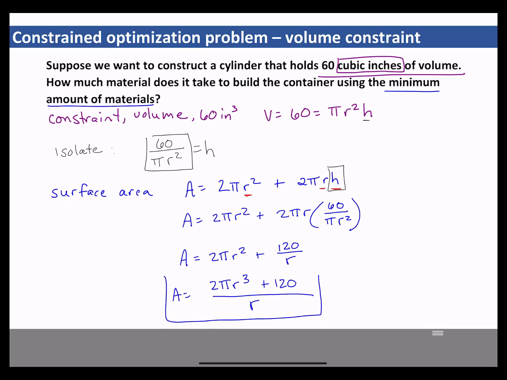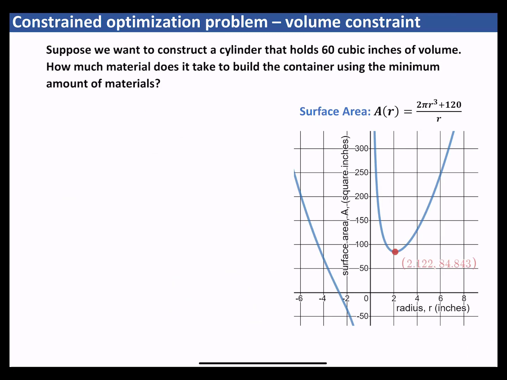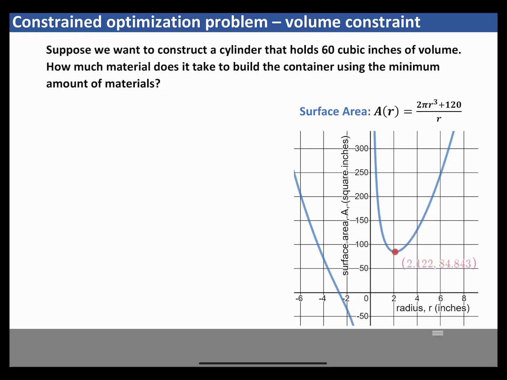So now we have the surface area of this cylinder, and it only depends on one variable, the variable r, the radius. So the question was, how much material does it take to build a container using the minimum amount of materials? And there's a few things we want to consider here. First would be the domain of the surface area function.